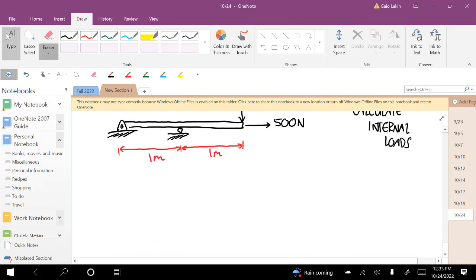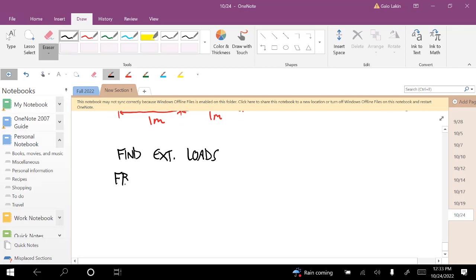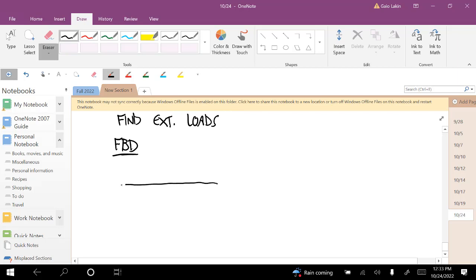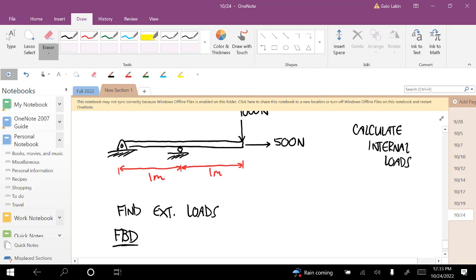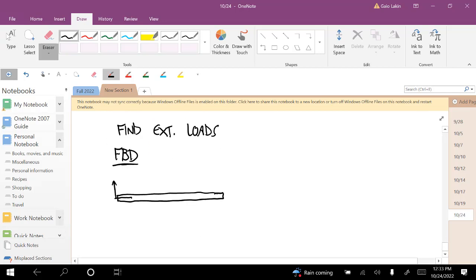Okay, so the first thing we need is the external loads. So free body diagram of the whole thing. We have a pin joint at the left. I'll call that RA. We have, I'll call this RB, a force from the roller at the middle.